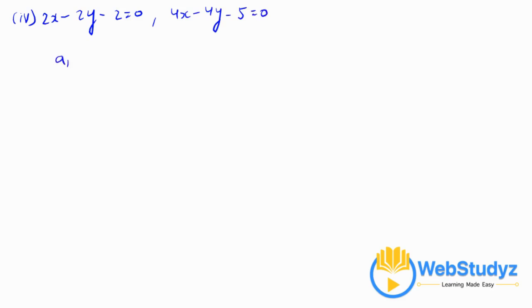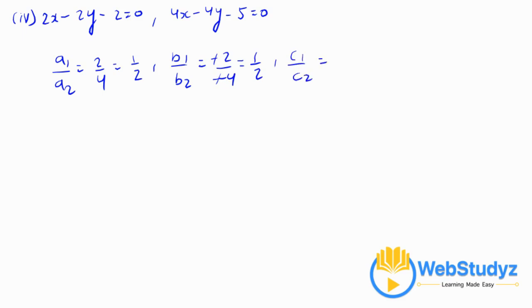Now if we calculate a1 by a2, it will be 2 by 4, which is 1 by 2. If we calculate b1 by b2, it will be minus 2 by minus 4, minus minus cancel out, it will be again 1 by 2. And if we calculate c1 by c2, it will be minus 2 by minus 5, minus minus cancel out, it will be 2 by 5.